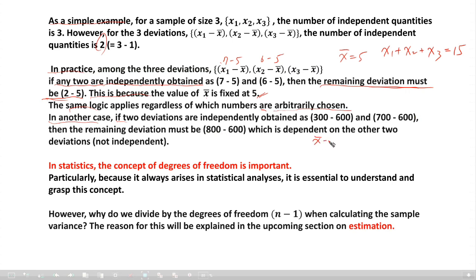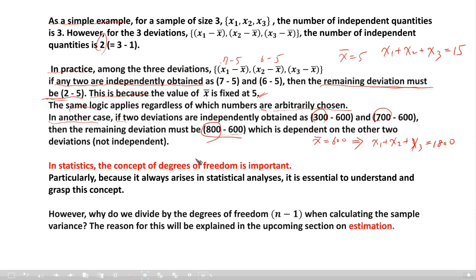X bar is fixed at 600, so the sum of x1, x2, x3 is 1800. Since 300 and 700 are independently determined, the last one is 800. So the remaining deviation should be 800 minus 600.